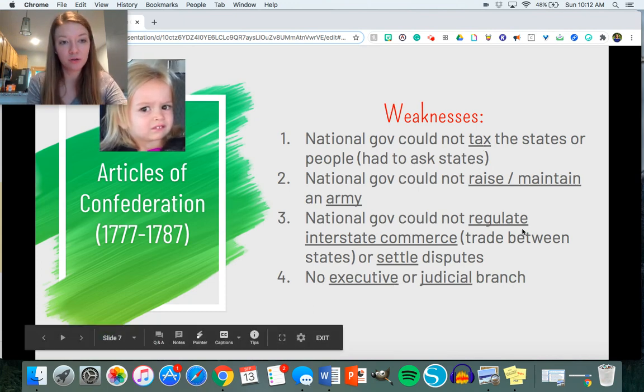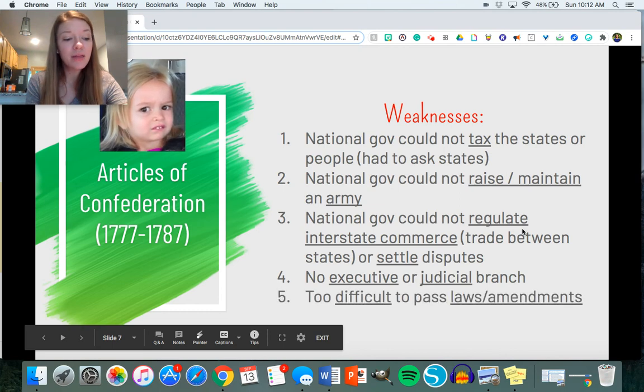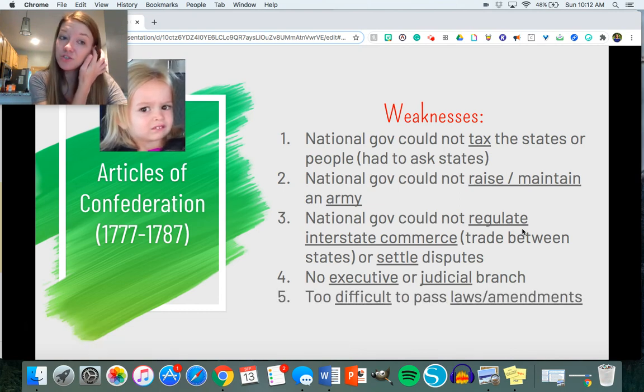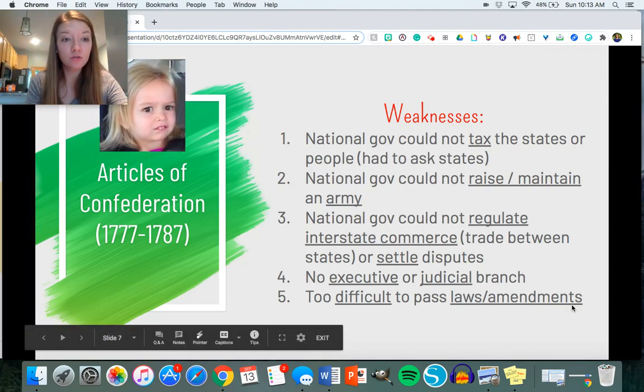And then our final weakness is that it really was just too difficult to pass laws and amendments to the Articles of Confederation. It required unanimous, all 13 states, to amend the Articles, and 9 out of 13 to pass any laws.